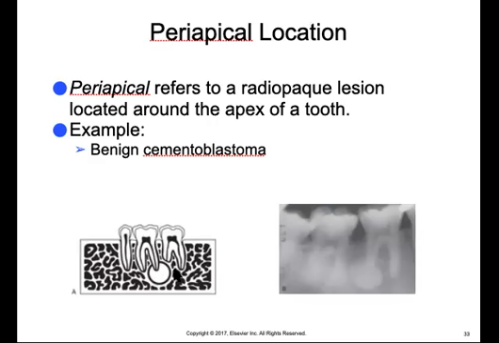It sort of looks like condensing osteitis, but we can see the difference here. There's a little radiolucent halo that goes around that round radiopacity. And that's just an abnormal bone growth that is benign or non-cancerous.